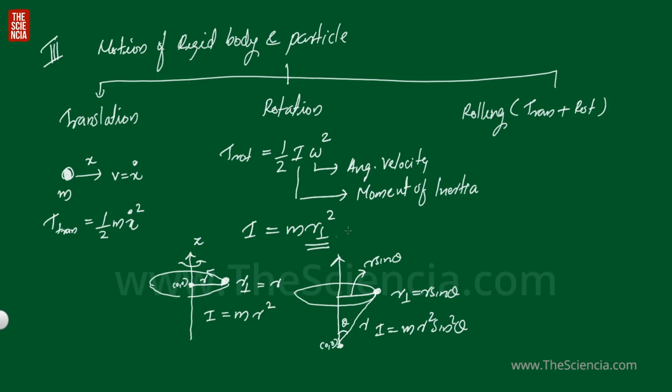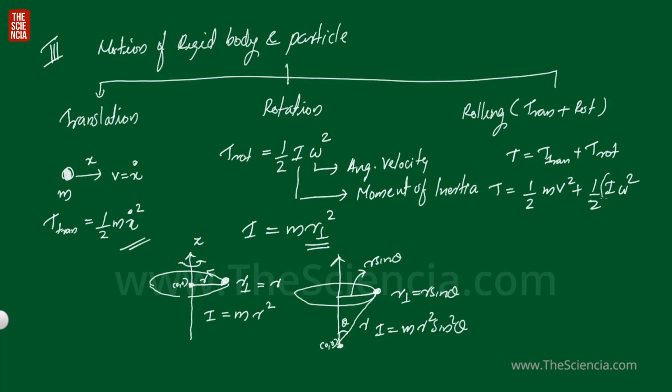Okay, and the last one is rolling motion. In a rolling there is a translation kinetic energy and rotational kinetic energy. So total kinetic energy will be T translational plus T rotational. And we know T translational, that is half m v square plus half I omega square.